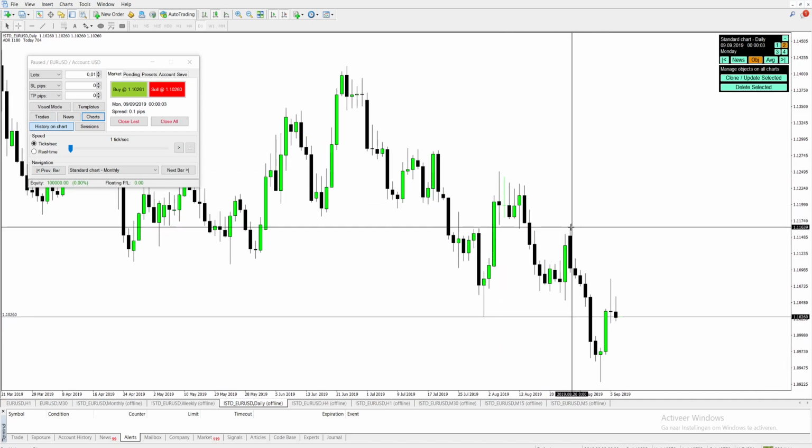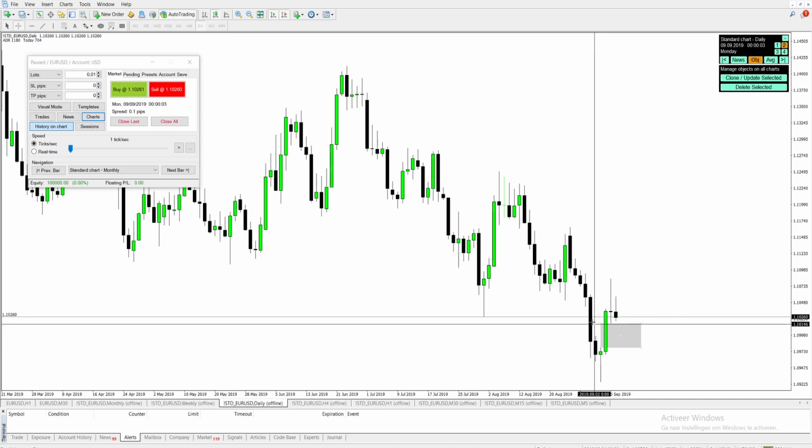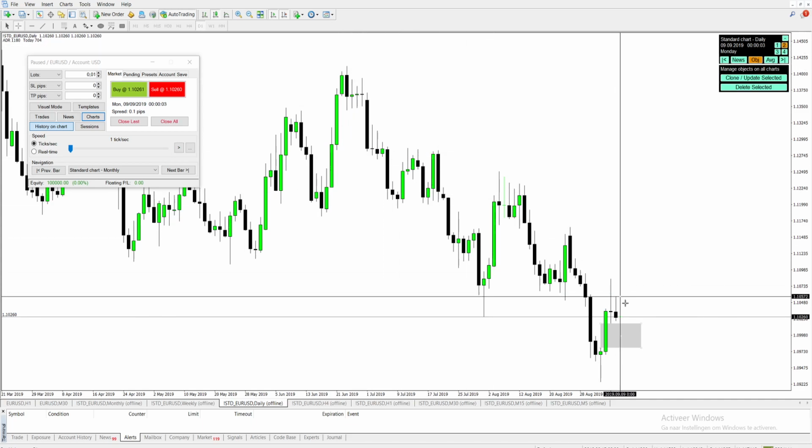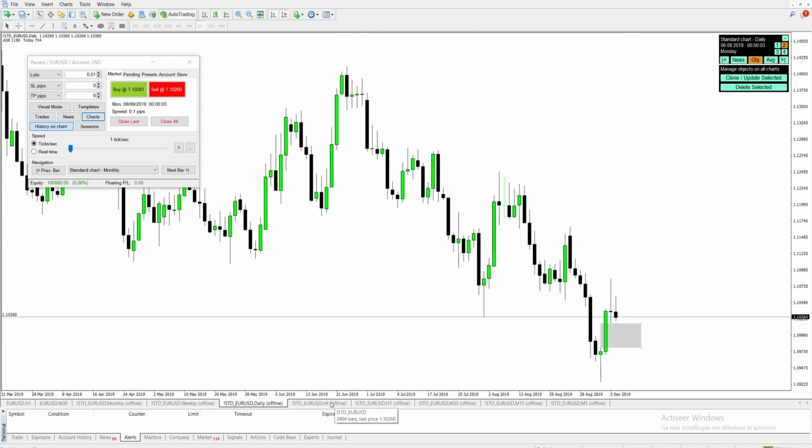So this could potentially be a target. Should we hold this fair value gap on the daily, right? So let's mark out this daily fair value gap. And this is going to be key to know if we hold this, we can start to trade up higher and target this high over here. For now, we're still in the bearish order flow, so we got to keep that in mind.